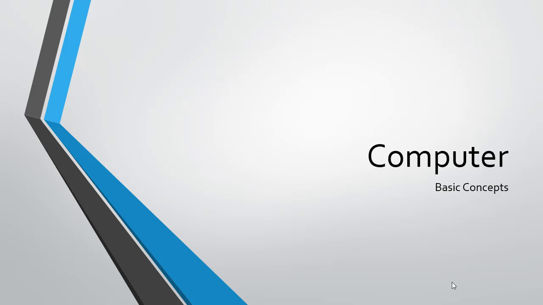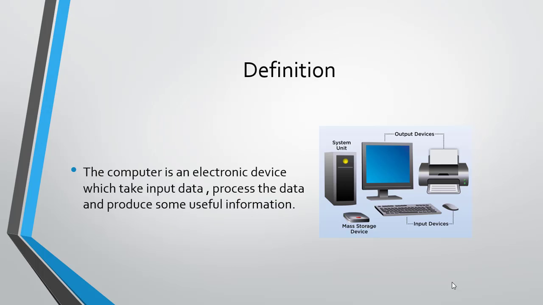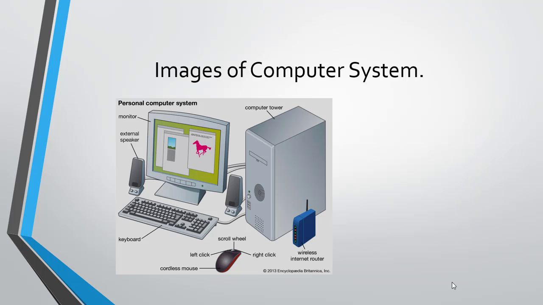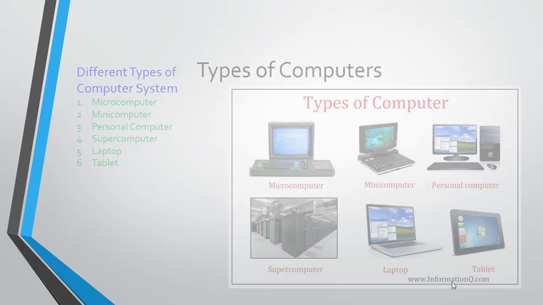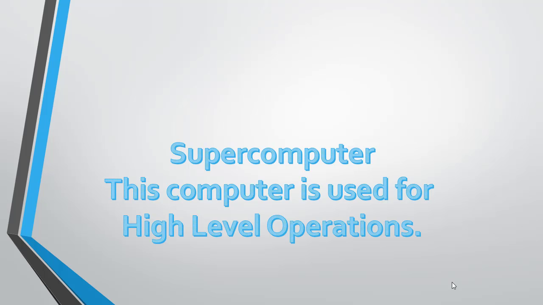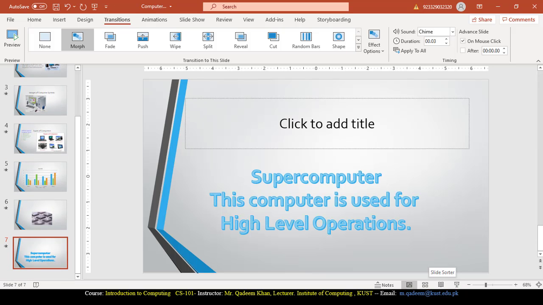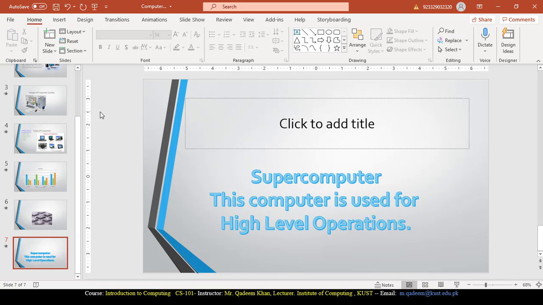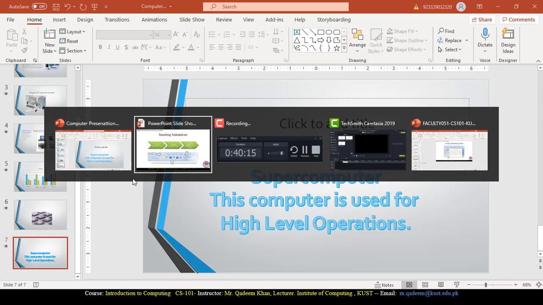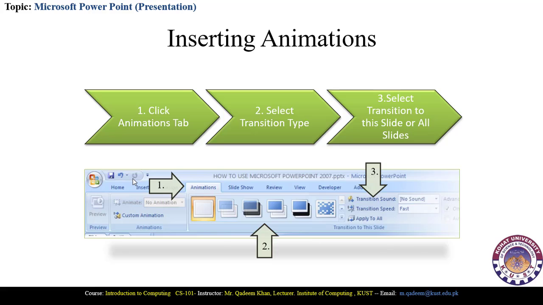You can see that the slideshow is now running, and you can hear the sound of the slides. This is the chime slide. Now this is the end of the slides. Click on Home, go back to your home. So this was how you can insert the sound as well as the duration or the time on your slides.